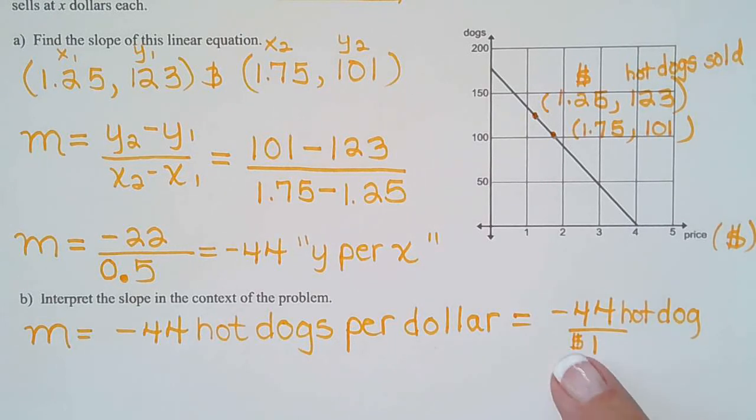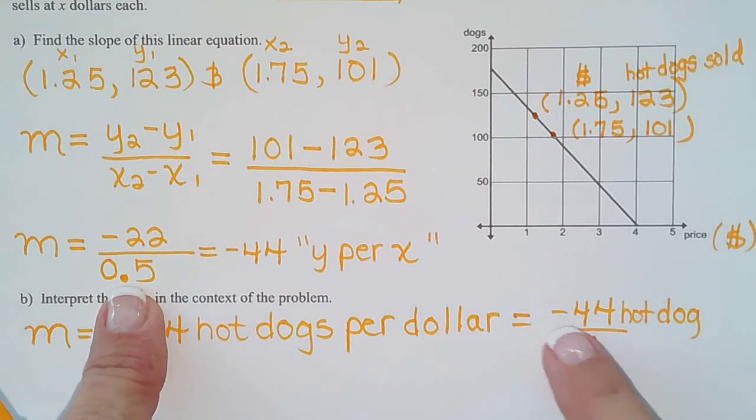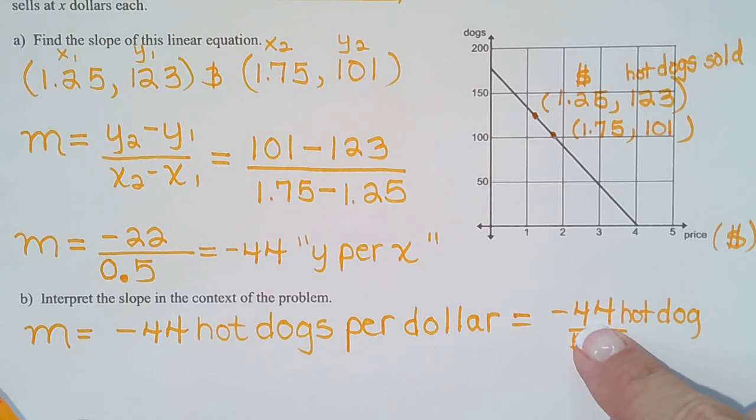So that means as the price increases, because isn't this a positive one? See the positive? By $1, 44 less hot dogs will be sold. So every dollar you increase on the price, you'll sell 44 less hot dogs.